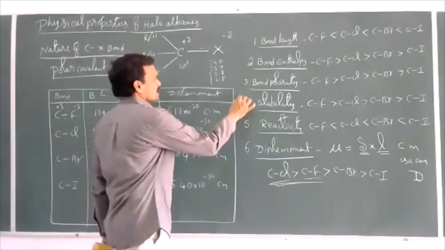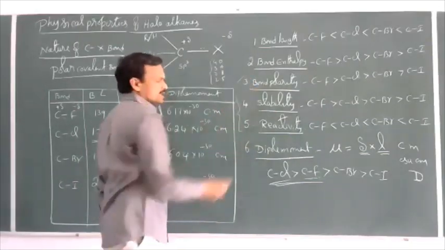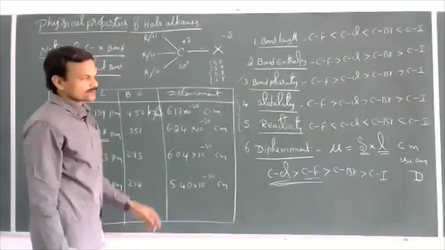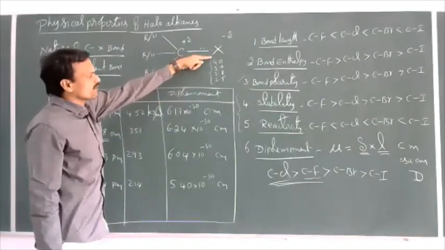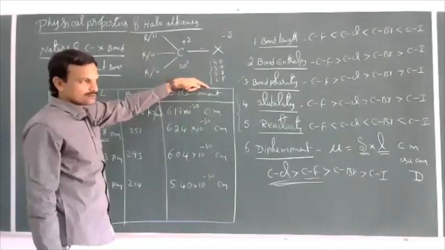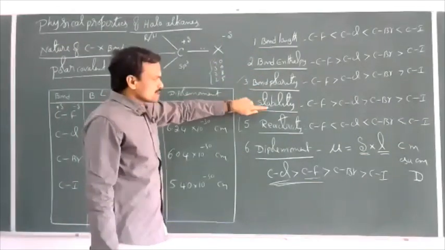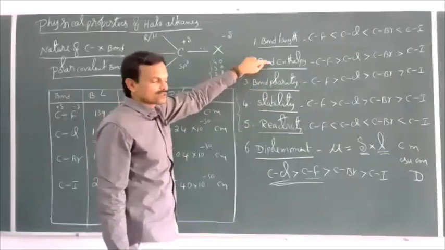Next, stability and reactivity, and bond polarity. Bond polarity depends on electronegativity difference. Since the electronegativity of halogens decreases gradually, bond polarity decreases. Stability and reactivity depend on bond enthalpy.